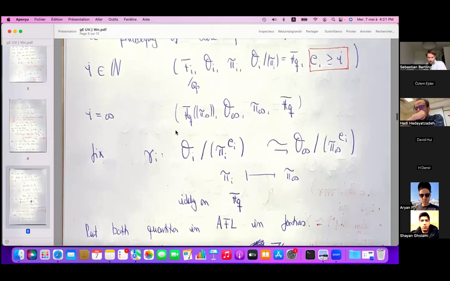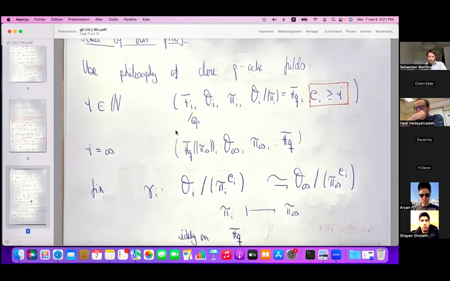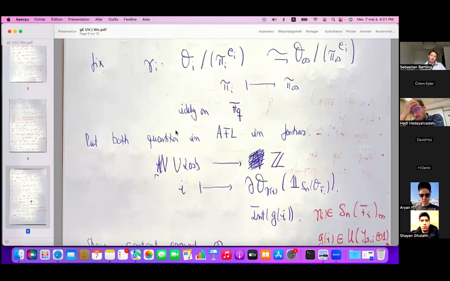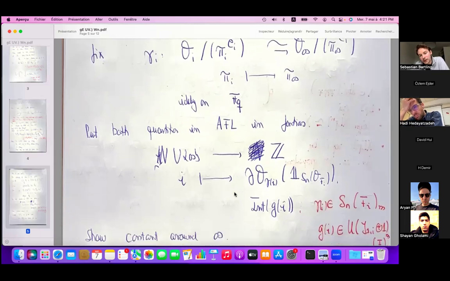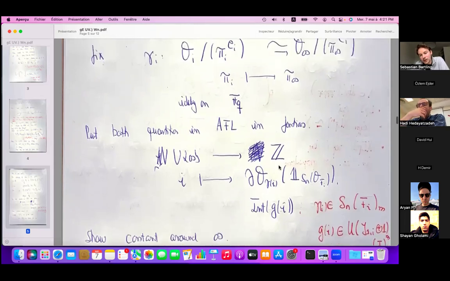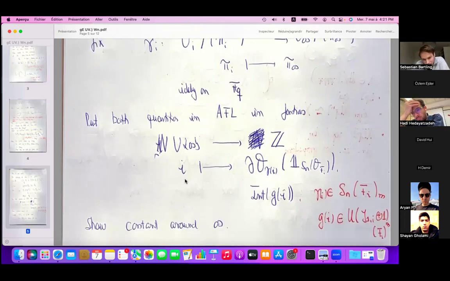So when I have the setup, the idea is to put the two quantities that I had in the arithmetic fundamental lemma into functions depending on this i, and then we want to show that these two functions are constant around infinity. If you plug in an i, you get this twisted orbital integral derivative for an element gamma_i, which sits in the symmetric space for the field F_i.